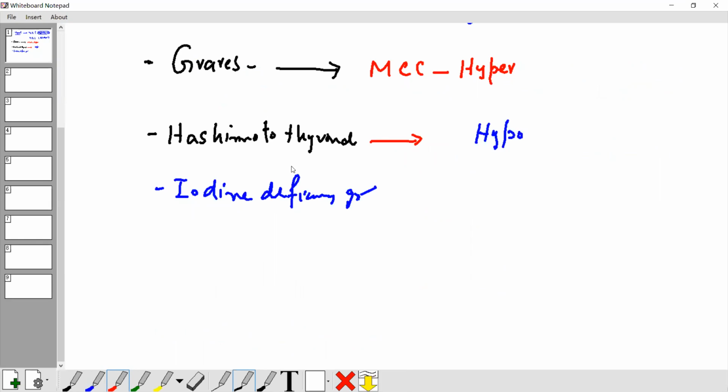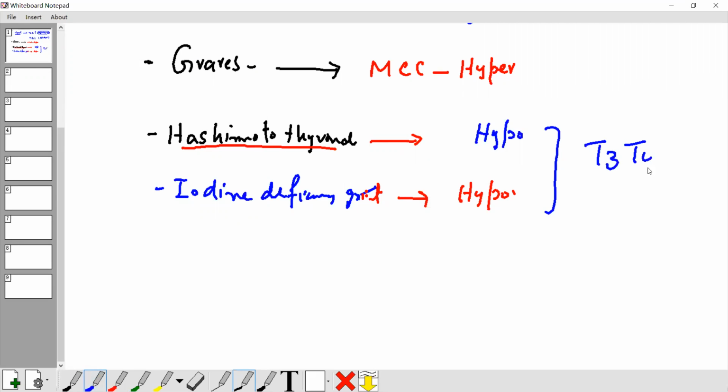Hypothyroidism due to Hashimoto thyroiditis or iodine deficiency goiter leads to decreased levels of T3 and T4.